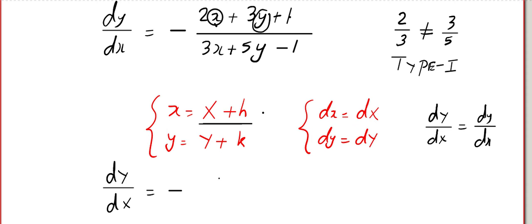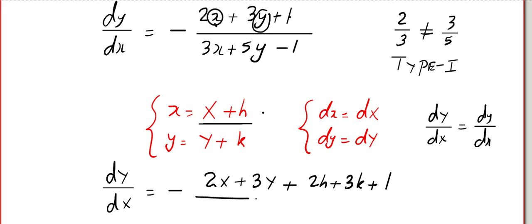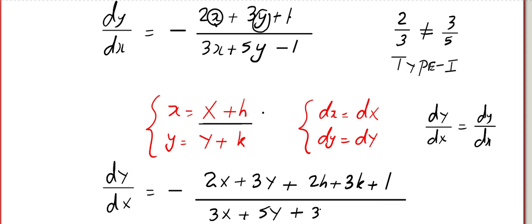I am going to skip those steps. You are going to get 2x plus 3y plus 2h plus 3k plus 1 the whole divided by 3 capital X plus 5 capital Y plus 3h plus 5k minus 1.